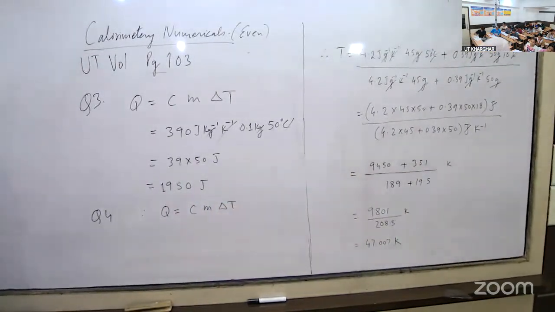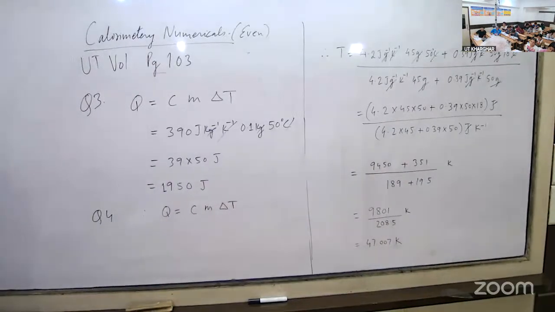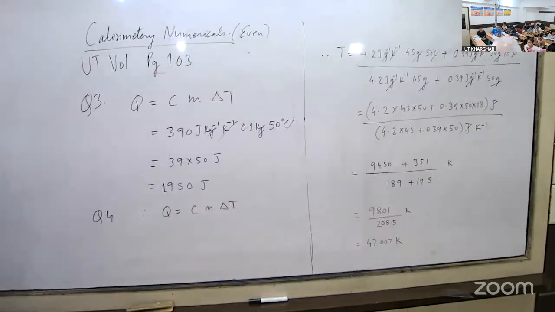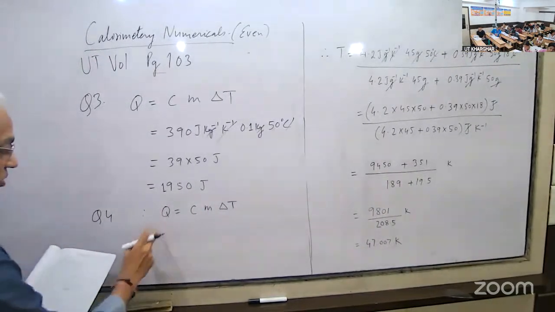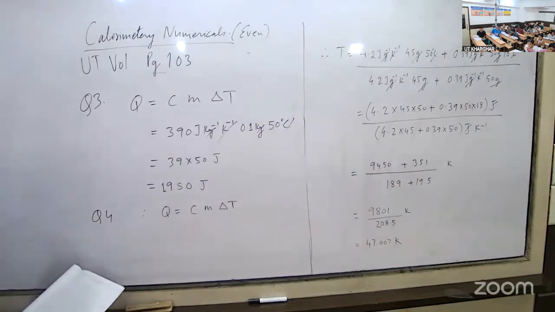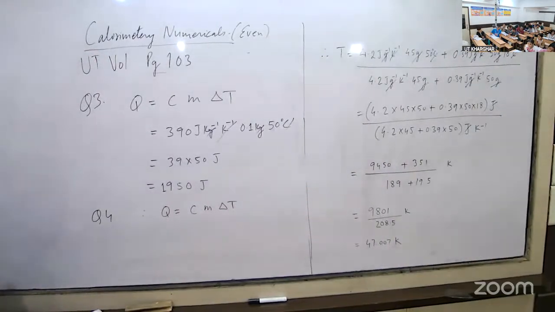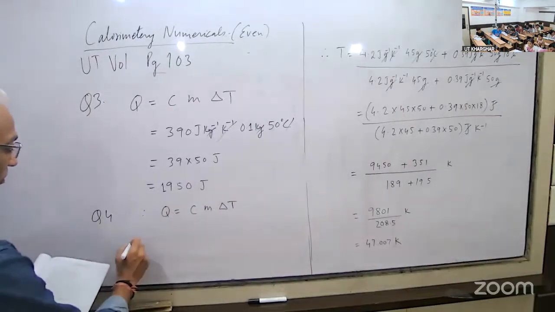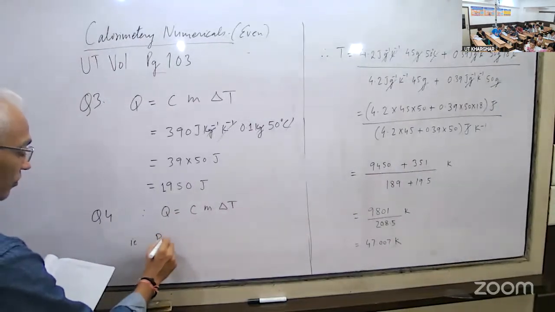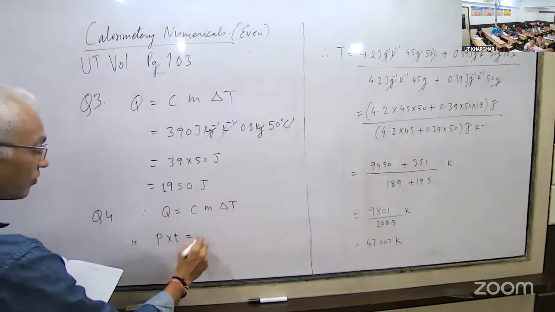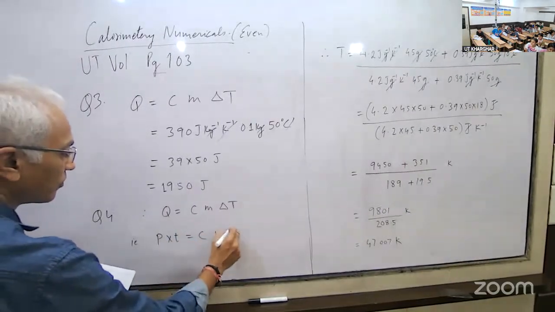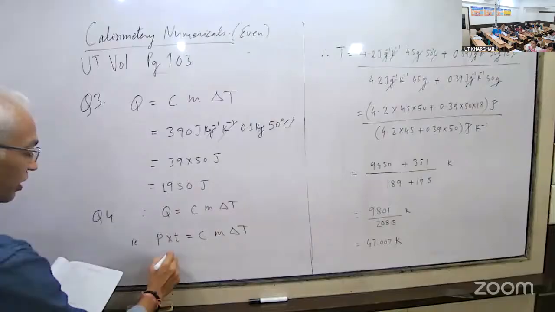But now heat is not given. What is given? The heat supplied by the heater, in unit time, which is power. So what is the relation between energy and power? Energy is power into time. And you have to calculate T.